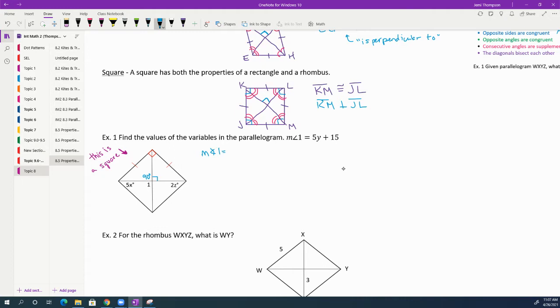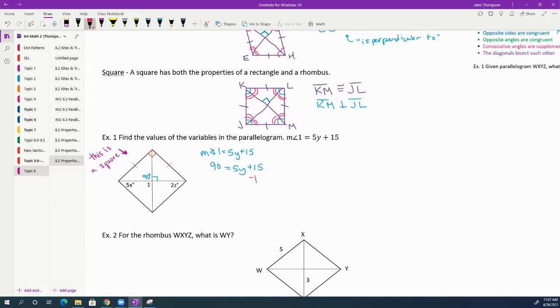So when I rewrite what's given to me, measurement of angle 1 is equal to 5y plus 15. Oh, what is the measurement of angle 1? Oh, we just said that has to be 90. And then I solve.